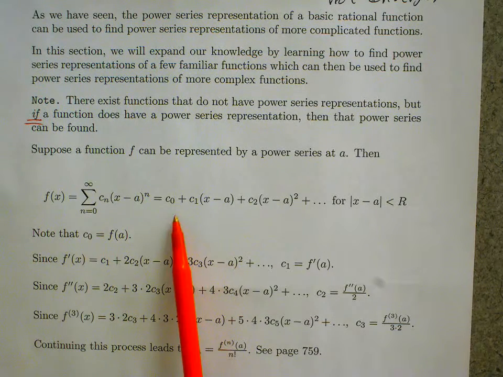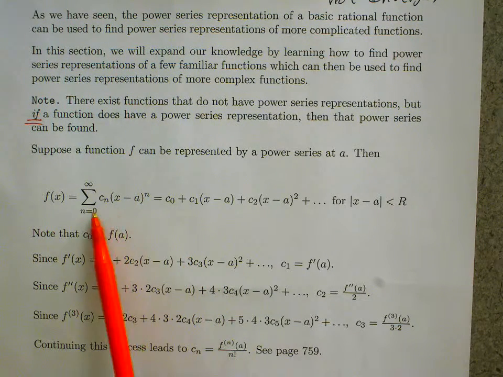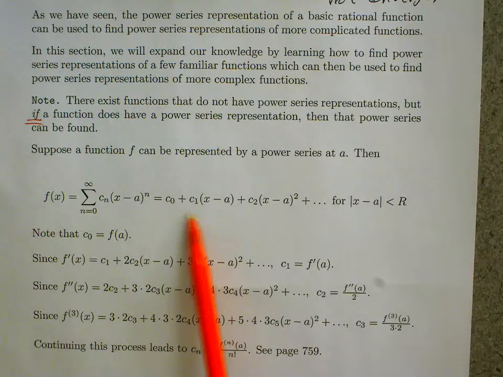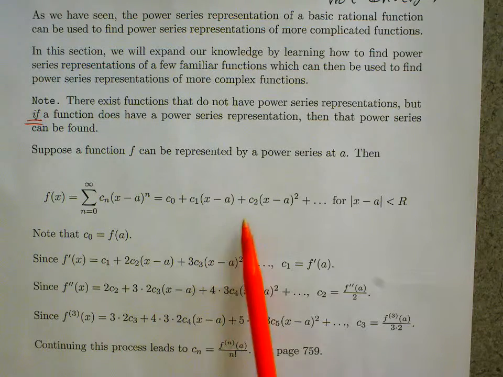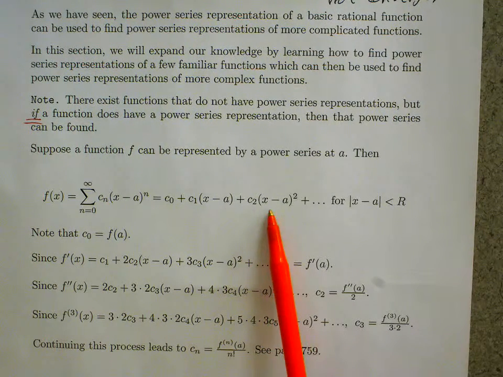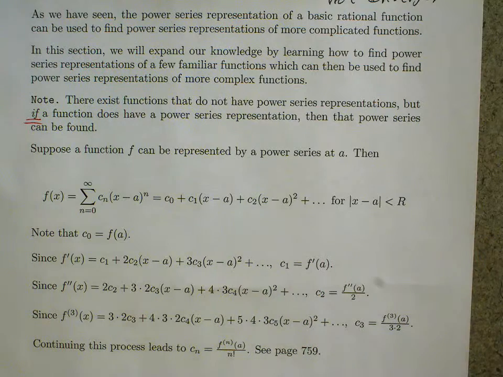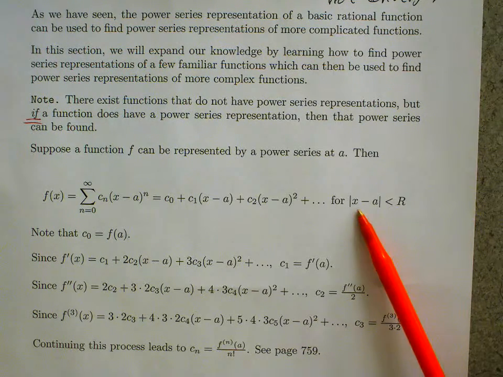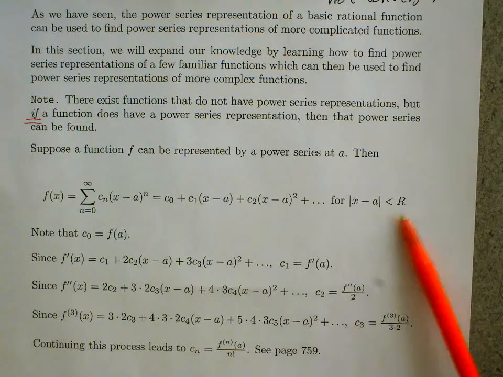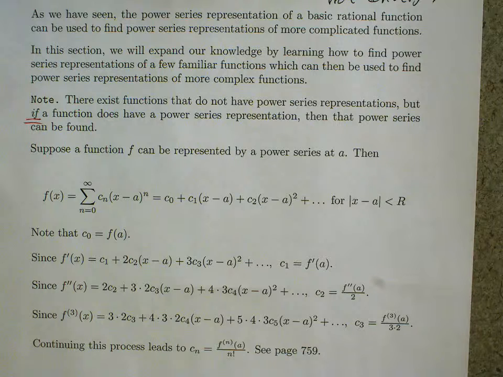So if you expand the sum, it looks like this: c sub 0 plus c sub 1 times the binomial x minus a plus c sub 2 times the binomial x minus a squared, and so on. And that's for all x values that are in the interval of convergence, whatever r happens to be.